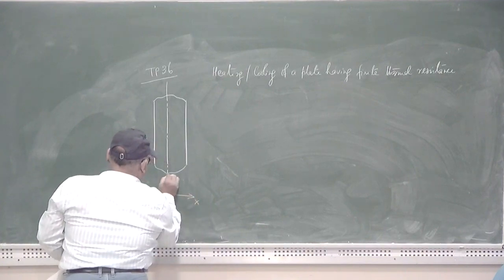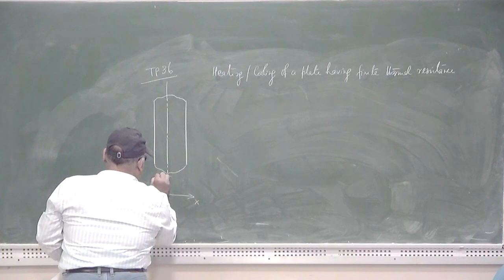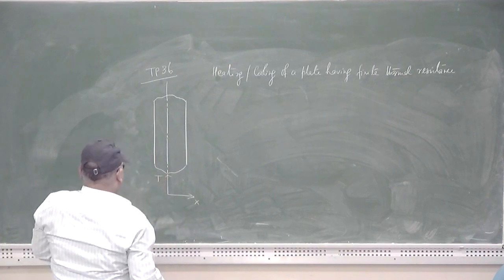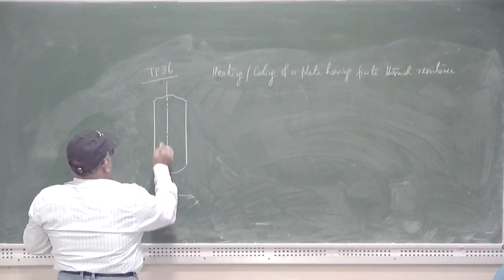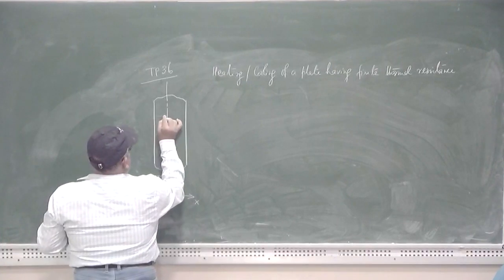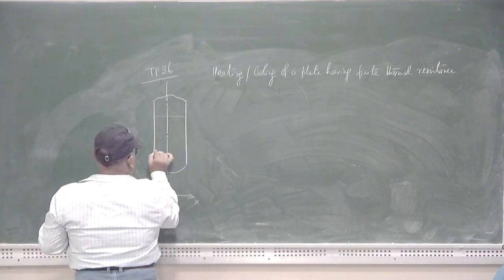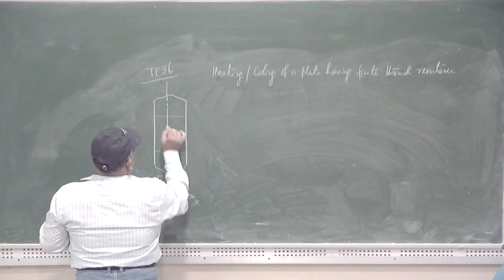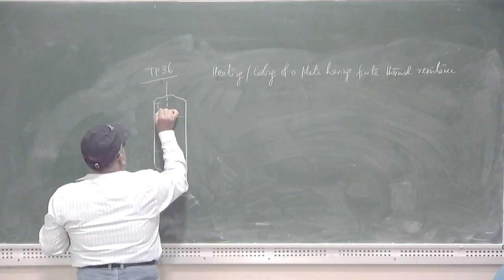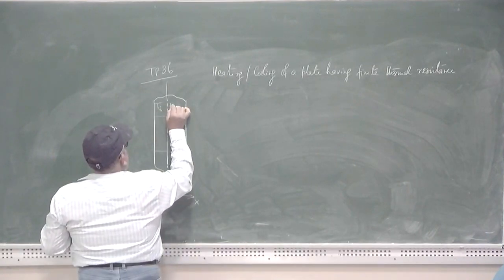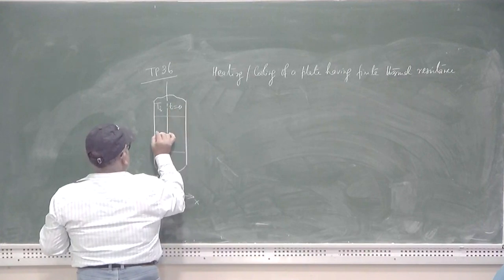This is the x-axis, and this is your temperature axis T. This is the temperature at time t equal to 0, and this is at t equal to t.